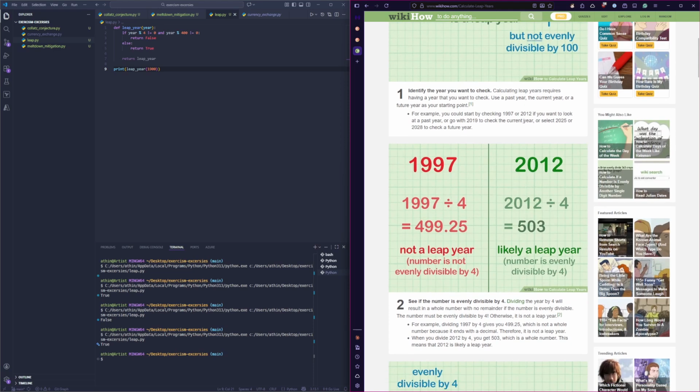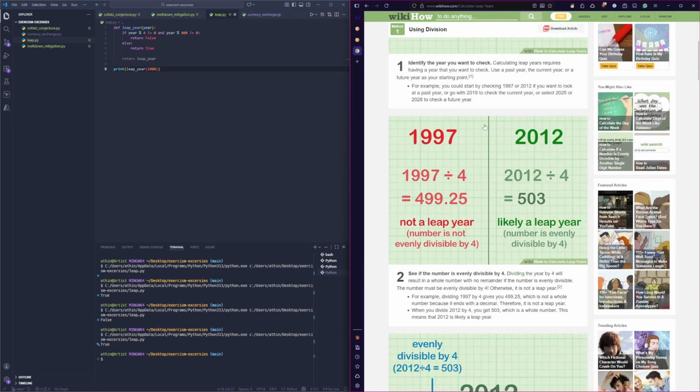For example, you can start by checking the code.